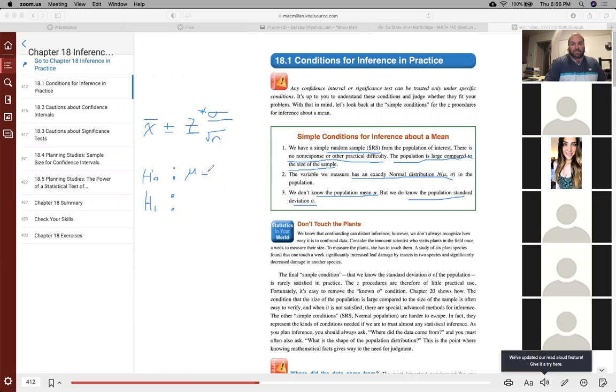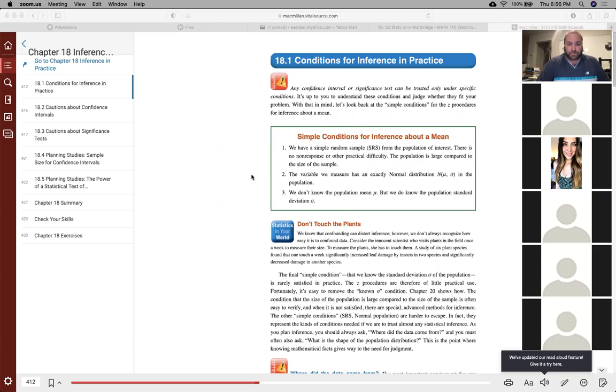If they do not, then you can't use them. So either greater than, less than, or not equal to mu naught, the three possibilities. It's only when these three hold that this holds and that holds. If they don't, then beware, because your conclusion might not be valid.